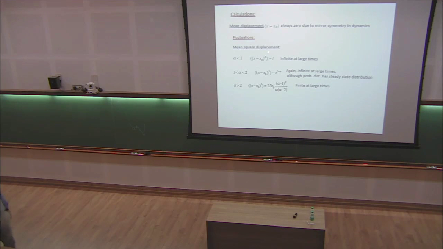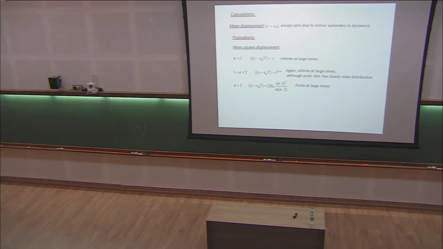At alpha larger than 1 but smaller than 2, where there is a steady state in the system, so at large times there is a time independent probability. There is still a t dependence, so it's still infinity at large t, and at alpha greater than 2, it becomes finite.